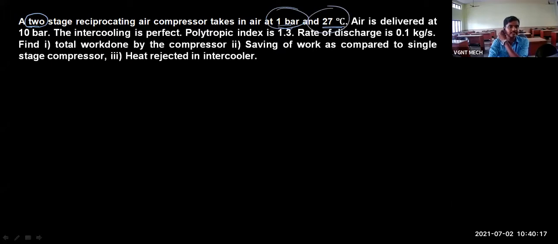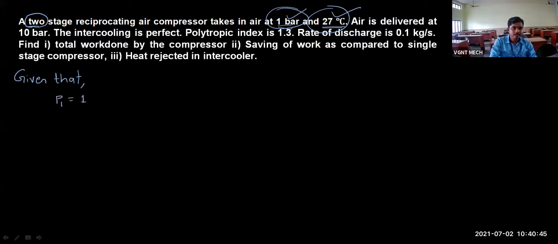What is 27 degrees Celsius? Already lots of problems we have done, so you should tell. What are the things given? A two-stage reciprocating air compressor takes in air at 1 bar and 27 degrees Celsius. So P1 is given, T1 is given.